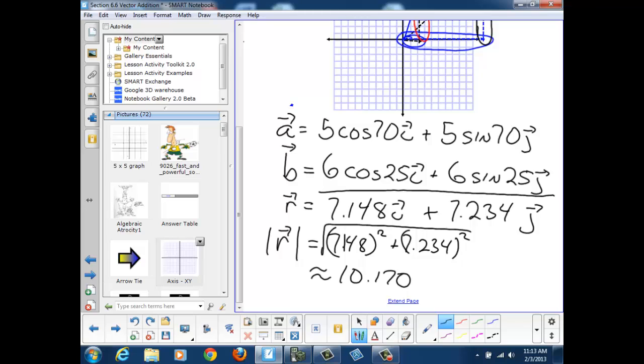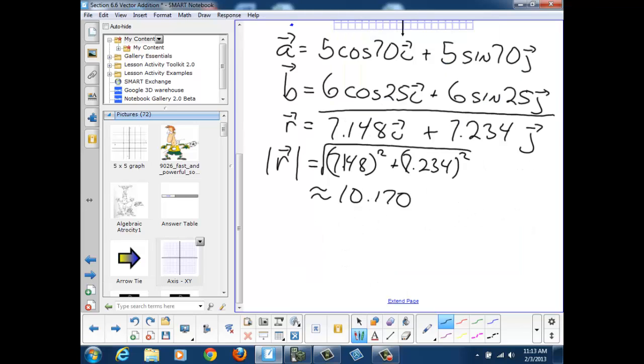which is approximately equal to 10.170. To find the angle, we use SOHCAHTOA, and we say that the tangent of theta would be the j component, or vertical component, over the horizontal component, opposite over adjacent.